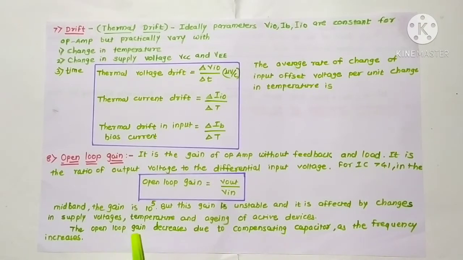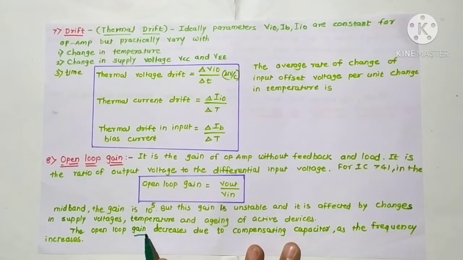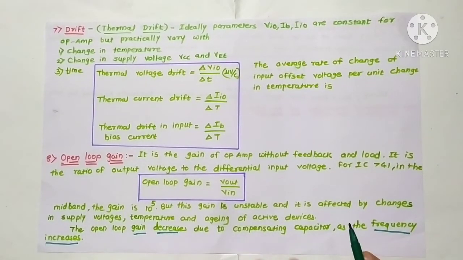The open loop gain decreases due to the compensating capacitor as the frequency increases. Students, you have to remember this sentence: gain decreases as the frequency increases.